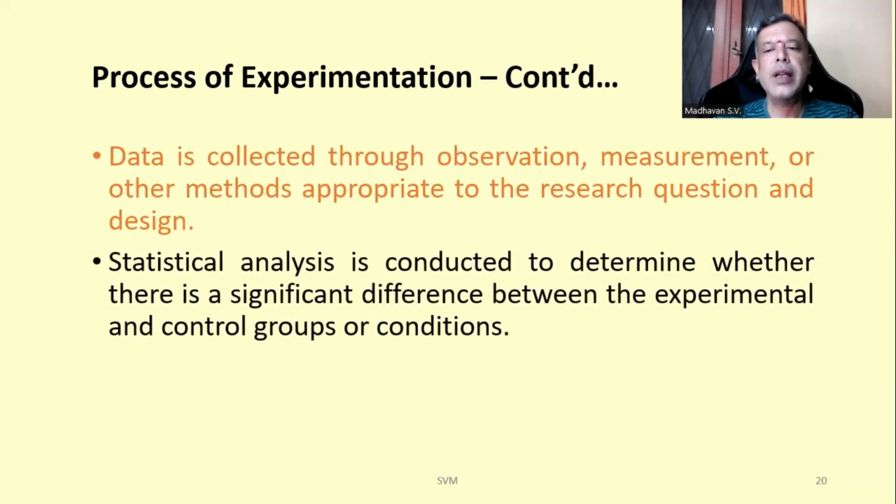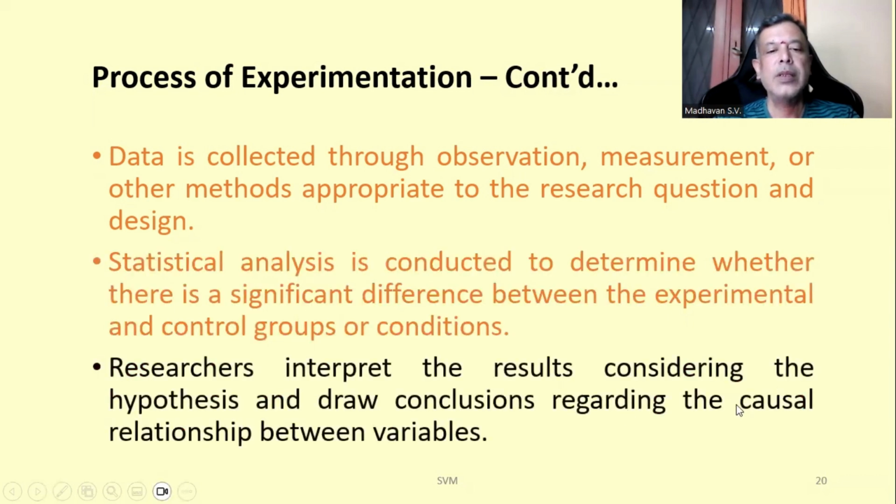Statistical analysis is conducted to determine whether there is a significant difference between the experimental and control groups or conditions. A proper test of hypothesis is done, and then finally you come to a conclusion whether to accept or reject your null hypothesis. Researchers interpret the results considering the hypothesis and draw conclusions regarding the causal relationship between the variables. This is how the process is done for an experimentation.